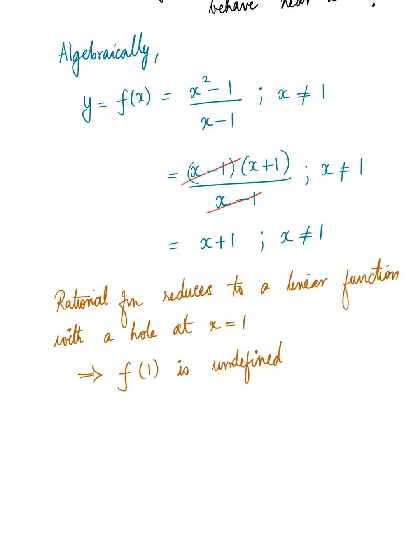So even though technically you can plug in 1 and get a nice number 2, it is not accepted just because the restriction initially was set at x not equal to 1. So when it's equal to 1, it's undefined. However, we see that as we get closer to 1, right?